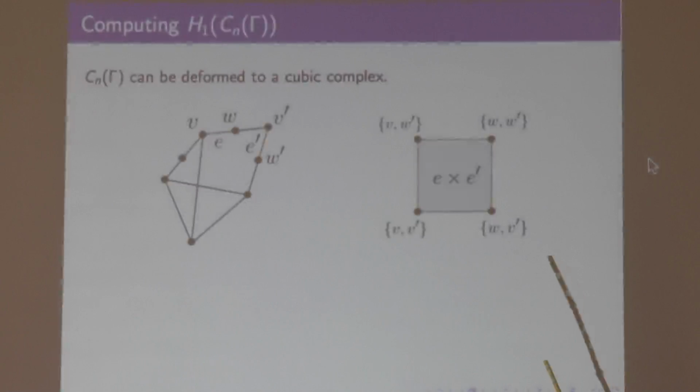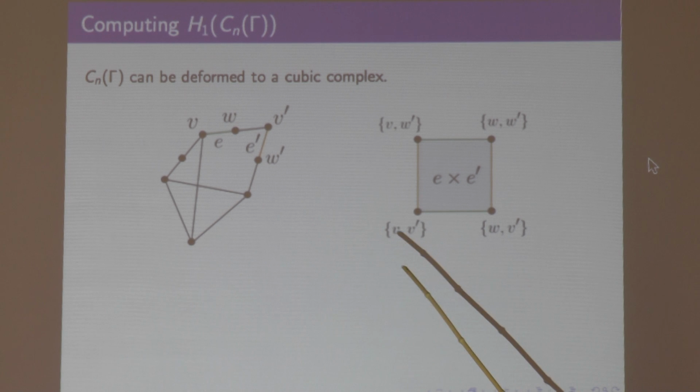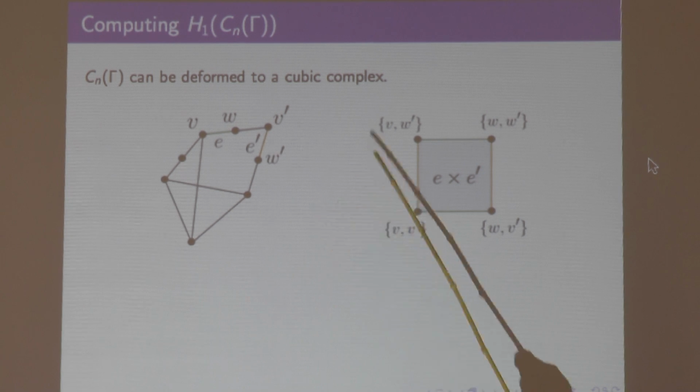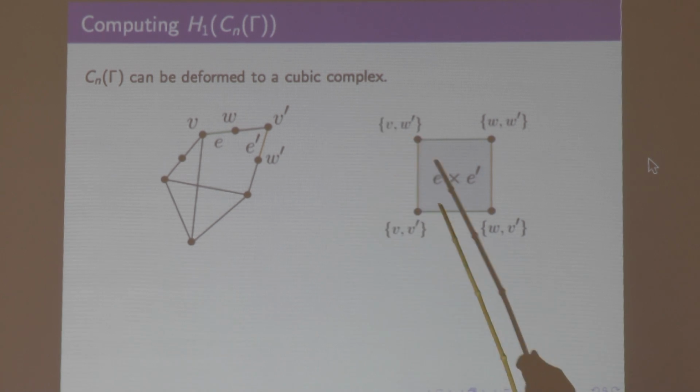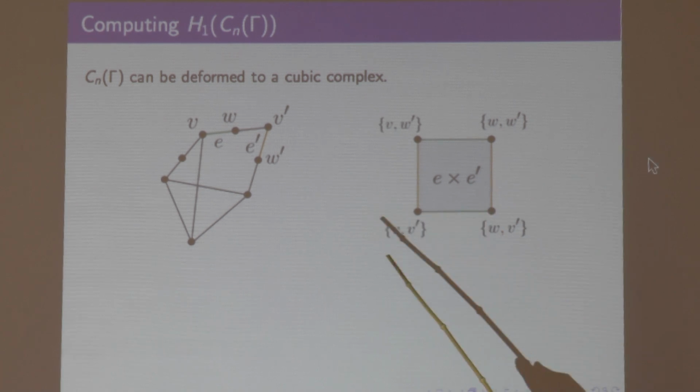So, how to compute the first homology group in these terms? Let's look at one chosen part of this CW complex, which is actually a cubic complex, which means that it is made of cubes glued together by the boundaries.